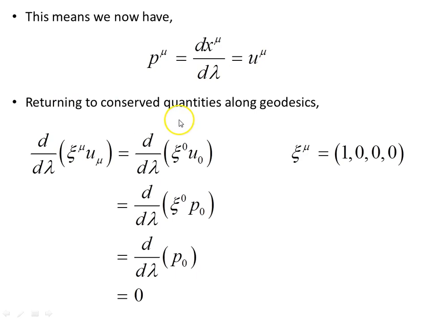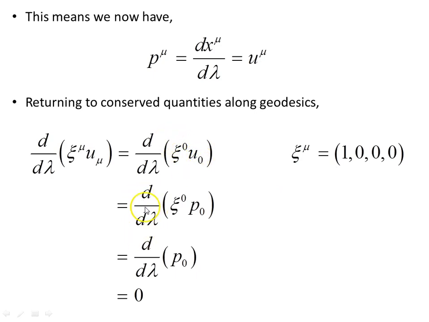Now returning to conserved quantities along geodesics, dλ of this object here, and in our particular case the Killing vector only has a component in the time direction, and so when we do the scalar product of this and the four-velocity, we're only going to get the time components involved, the product of the time components of each.